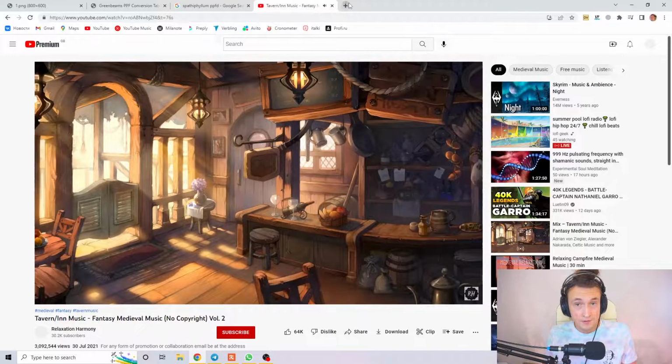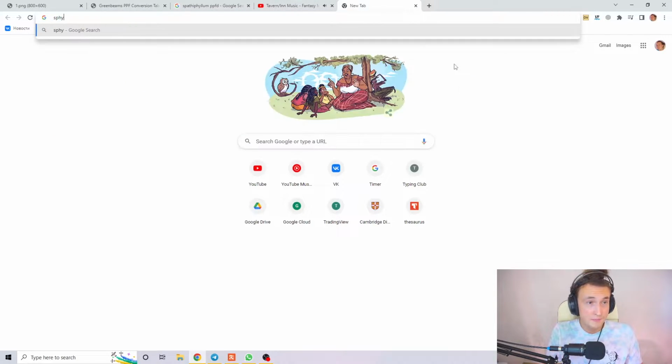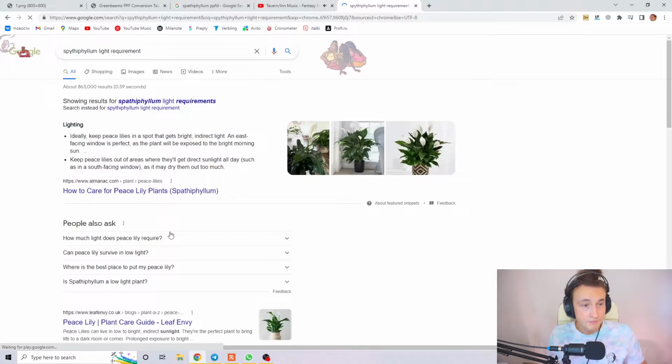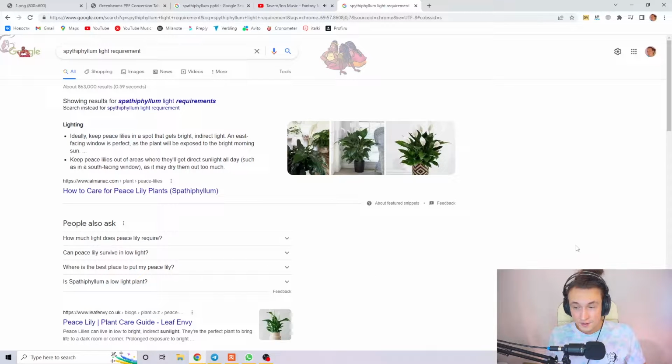Usually, when you Google light requirements for, let's say, spathiphyllum, let's do that just right now. Spathiphyllum light requirements, whatever, right? And what we see is usually something like that.